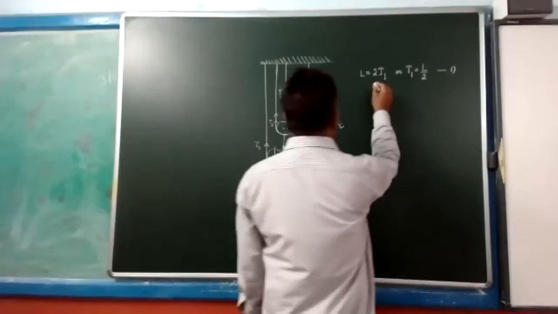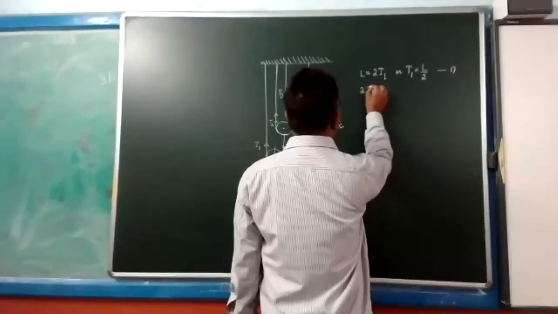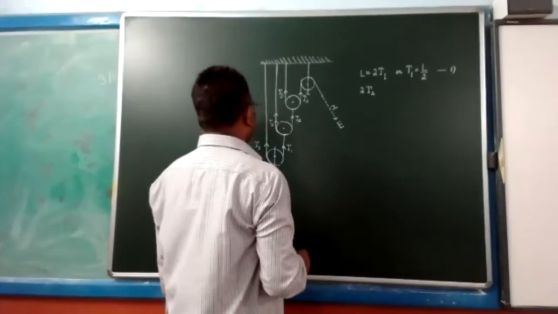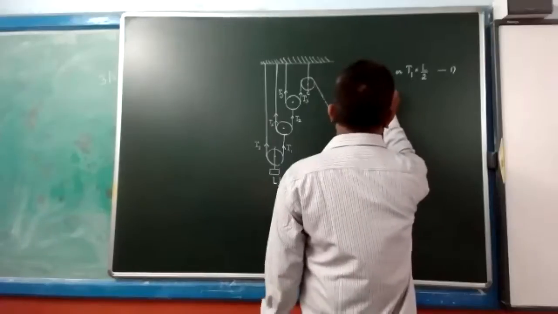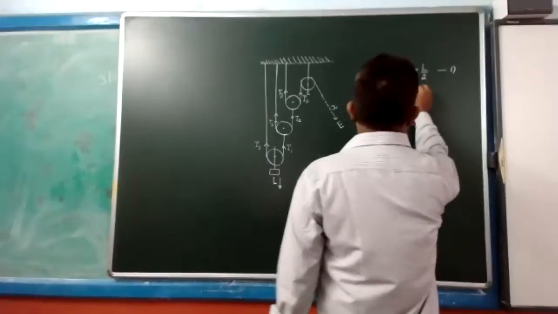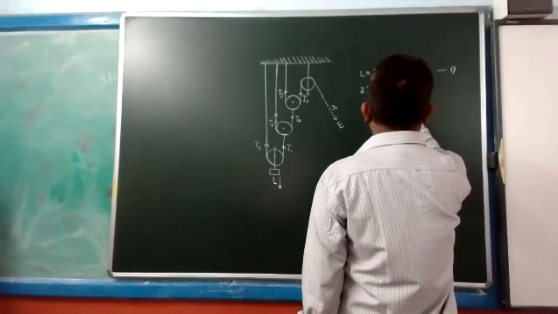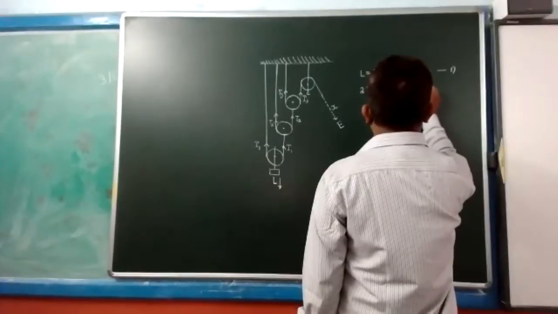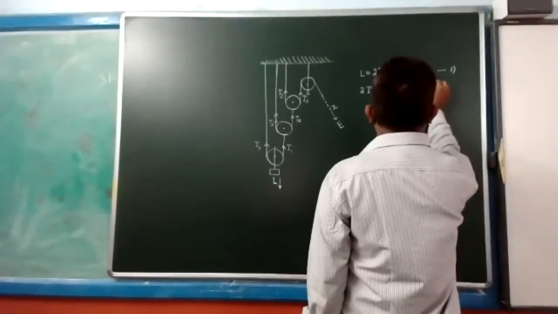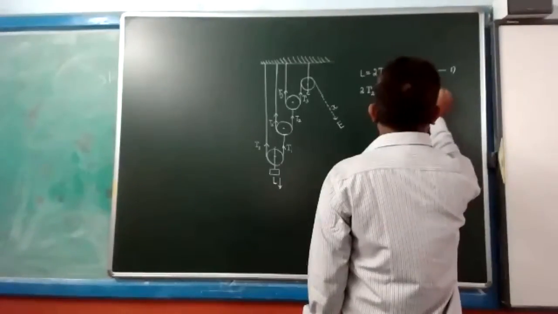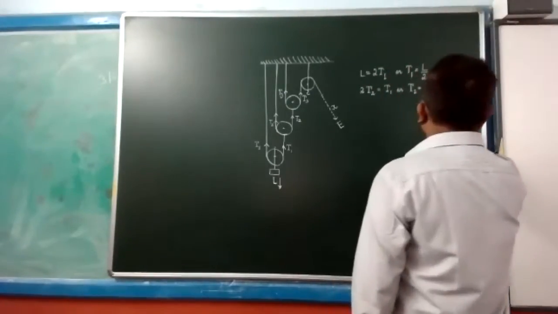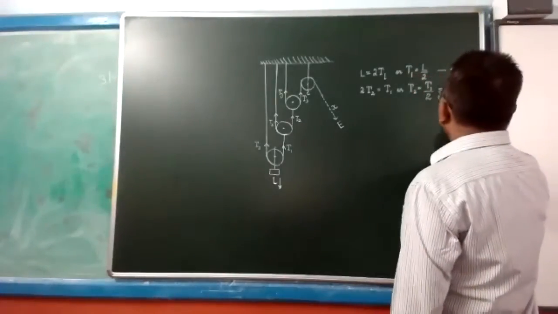T2 plus T2, it is 2T2, is equal to T1, or T2 equal to T1 by 2, and what is T1?